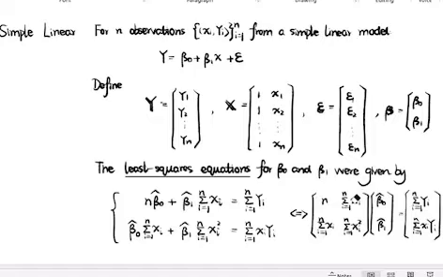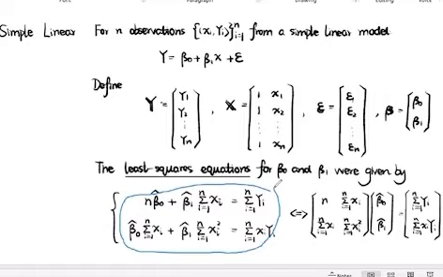Now, if I'm looking for beta naught, there are two things here. Solving simultaneously, I will get beta naught cap and beta one cap. If I don't want to use that approach, I'm looking for this guy.